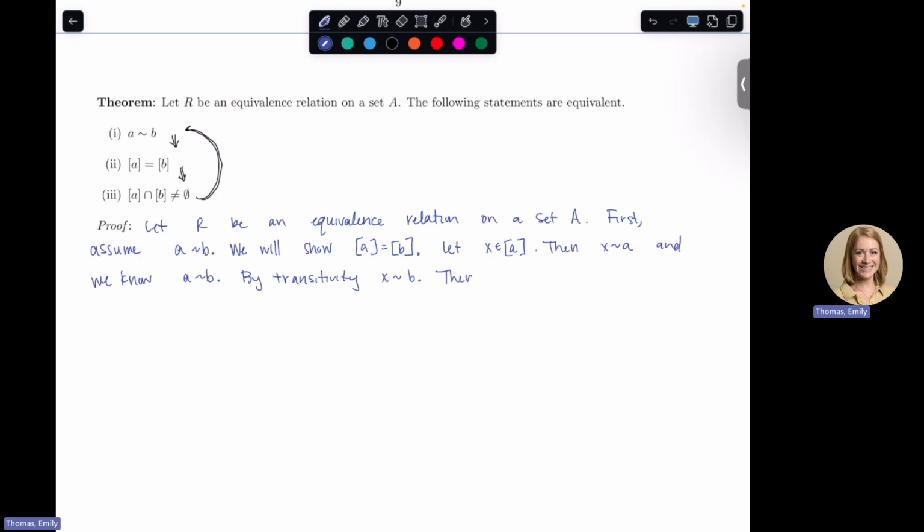And then that means that X is in the equivalence class of B. So the equivalence class of A is a subset of the equivalence class of B.